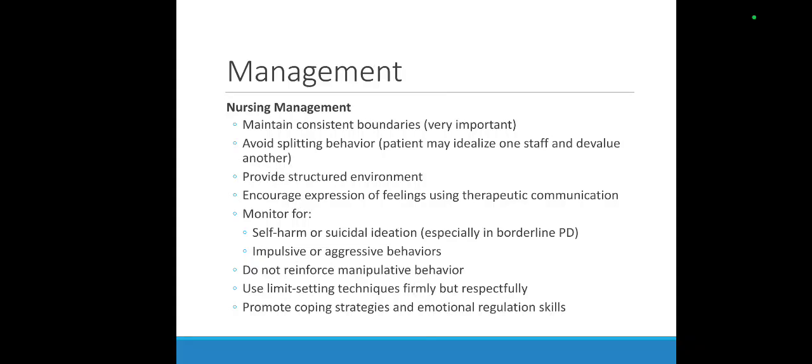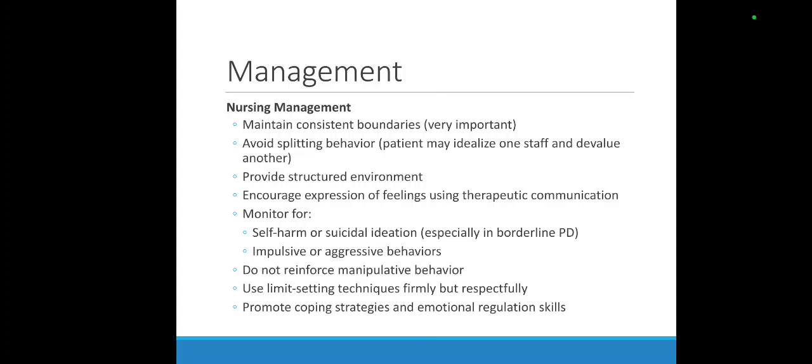Now, for nursing management, we maintain consistent boundaries. This is very, very important, especially for those with antisocial personality disorder. You have to respect their boundaries. Avoid splitting behavior. The patient may idealize one staff and devalue another. Provide a structured environment and encourage expression of feelings using therapeutic communication.